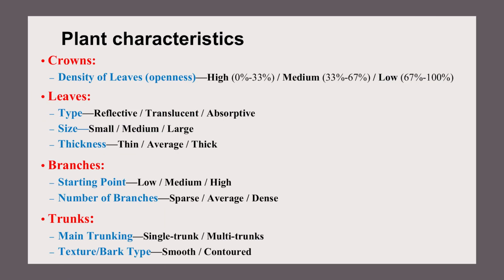Okay, now let's look at leaves. There are different ways to characterize leaves: their shape, the type of leaf, the size, the thickness. These matter because they are characteristics that may impact how lighting works on these elements.